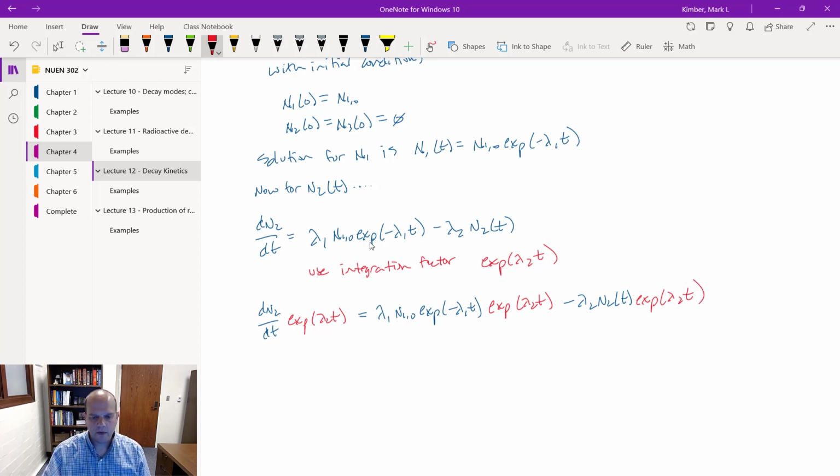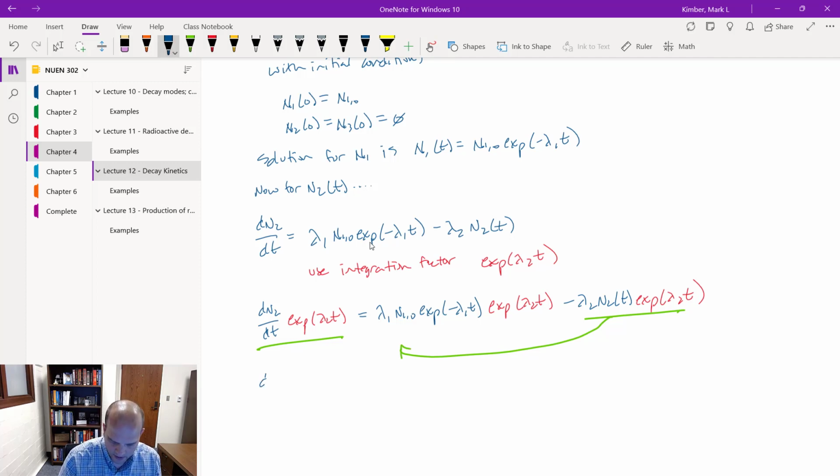And the power of this comes into play by combining these terms together. In particular, we're going to combine this term and this term, so we're going to move this term over to the other side. And so what we've got is dN2/dt exponential of lambda 2 t plus lambda 2 N2 times exponential of lambda 2 t. So that's now my left-hand side.